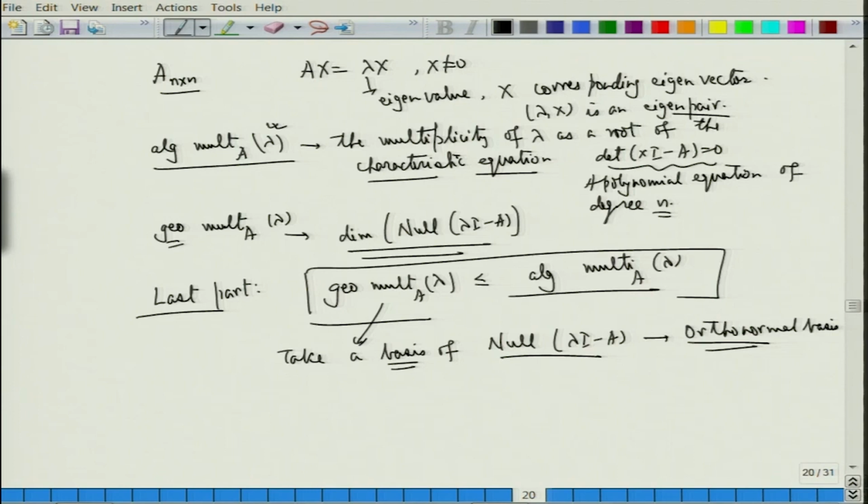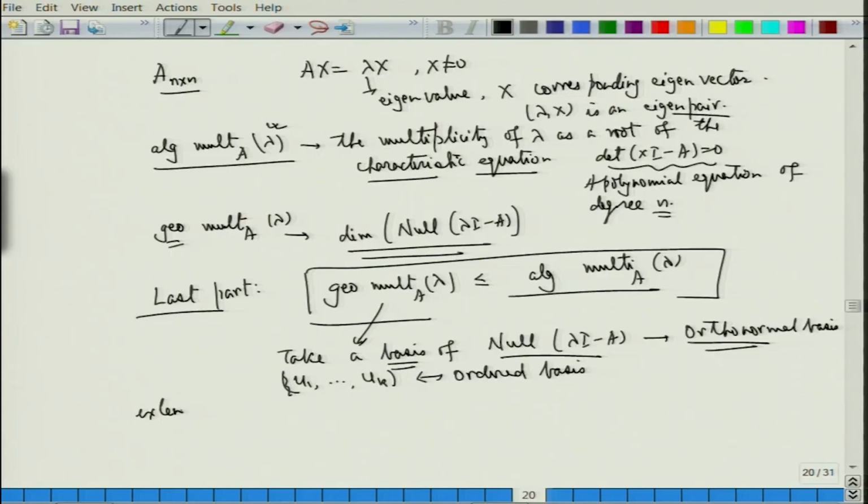Once you have taken a basis of this, extend it to form a basis. So take a basis u1 to uk of this, we can make it an ordered basis. So there is a bracket that comes into play here, that we have an ordered basis, fine.